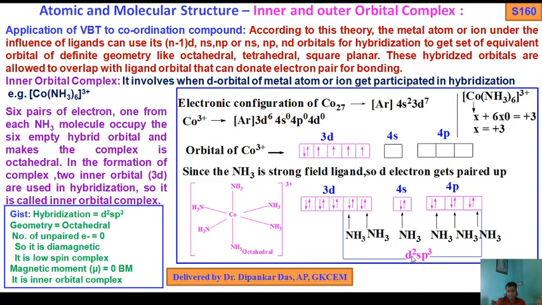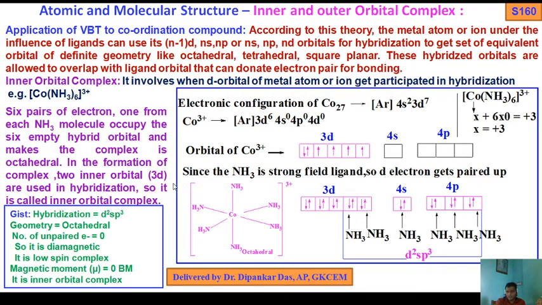That's why the hybridization is d2sp3. Since 2 orbitals come from the inner 3d orbitals, it is called an inner orbital complex. 6 pairs of electrons, 1 from each ammonia molecule, occupy the 6 empty hybrid orbitals and make the complex octahedral.